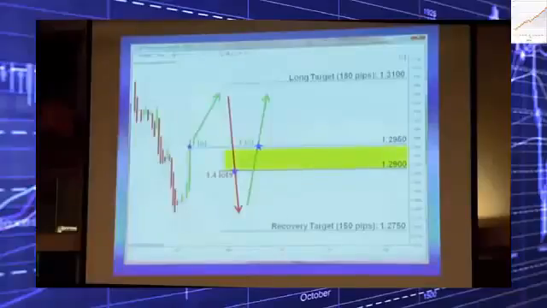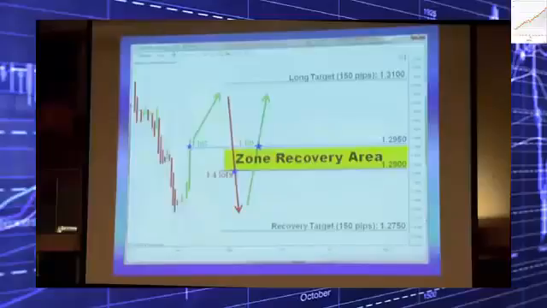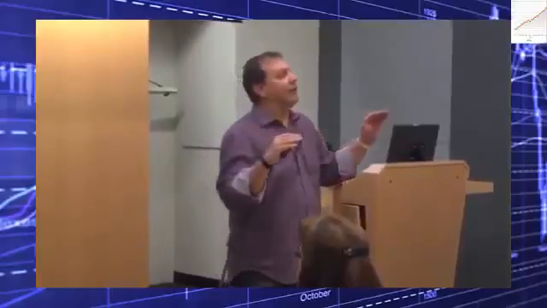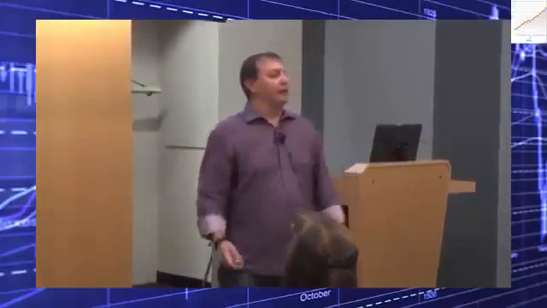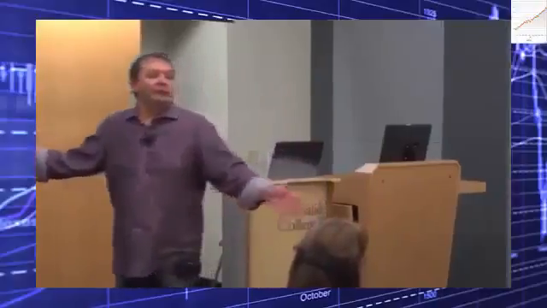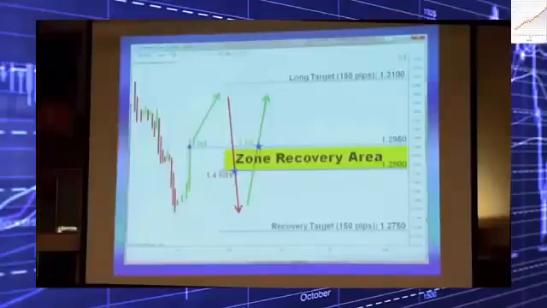Basically, I have established my zone recovery area, which is the difference of my acceptable loss on the first original trade. What's my acceptable loss if the market goes against me? 100 pips, 200 pips, 50 pips. For the sake of illustration, we made this 50, right?